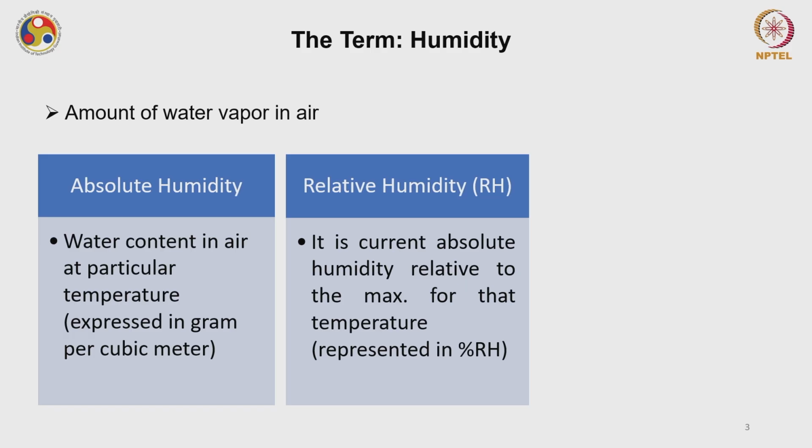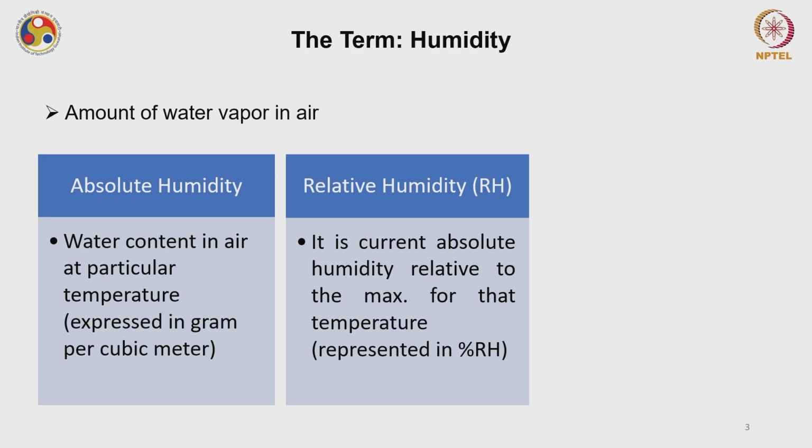So relative humidity is a very crucial term, and it is the most utilized term in the case of humidity. It is the current absolute humidity relative to the maximum possible for that particular temperature.